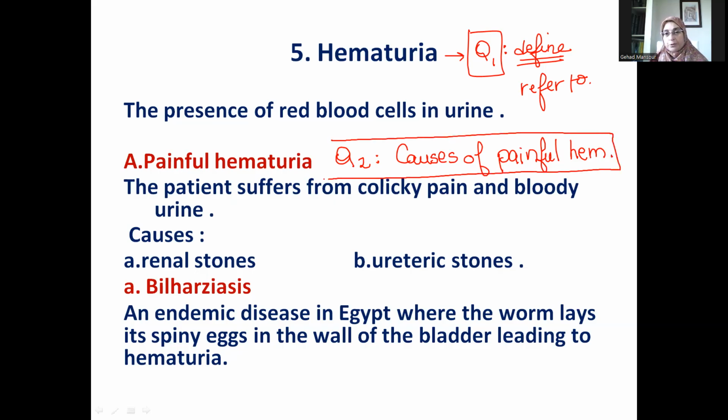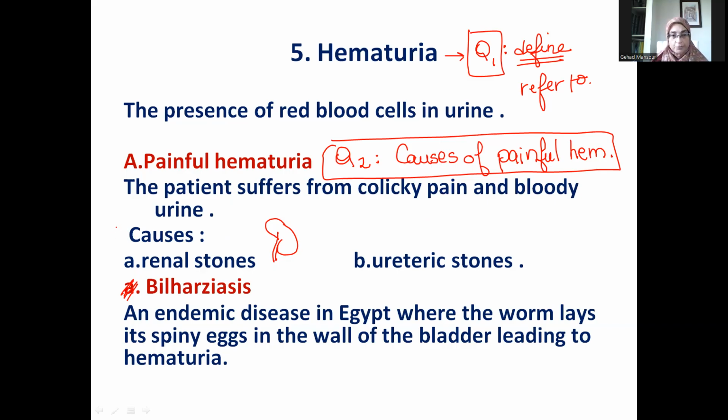Causes of painful hematuria include mainly stones in the urinary system, whether they are renal stones in the tissue of the kidney itself, or ureteric stones. So the main cause of painful hematuria is renal stones. There is an inaccuracy in the numbering of the causes here.